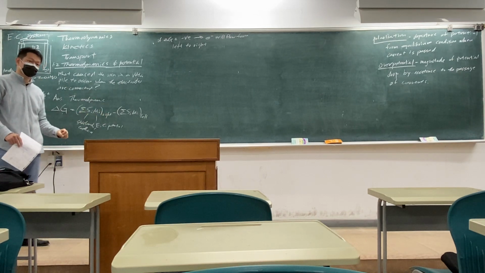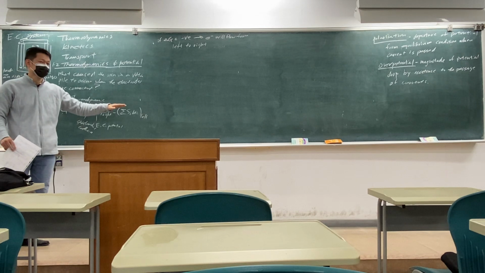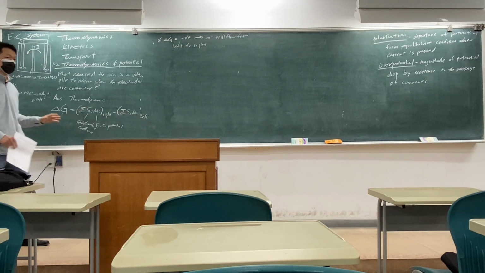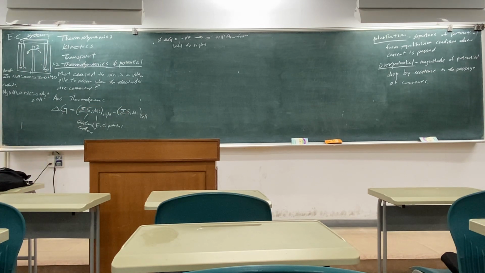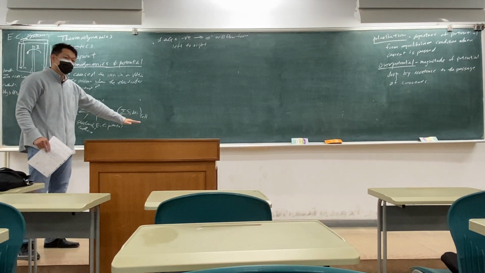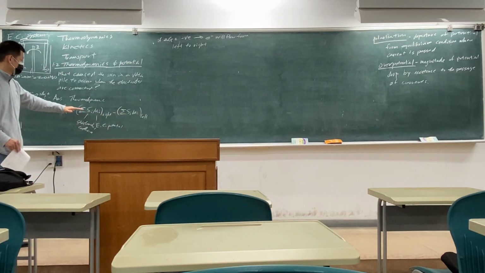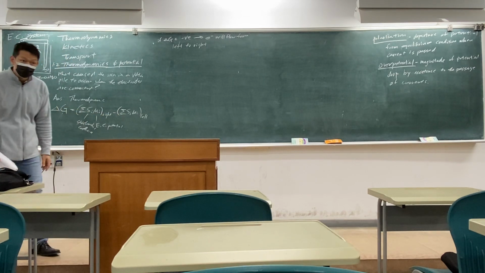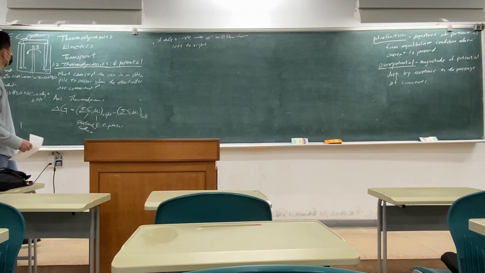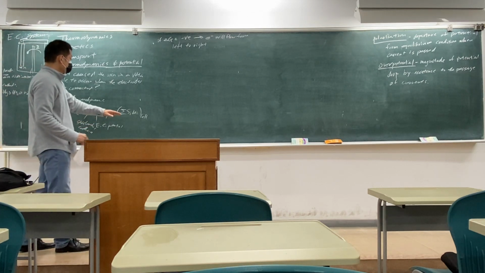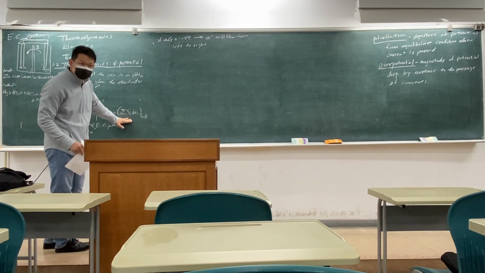Here or here? The first term is bigger than the second term, or the second term is bigger than the first term? So the second term is bigger, right? So if the second term is bigger than the first term, then delta G will be negative, right? Okay, so it means that this is more positive.